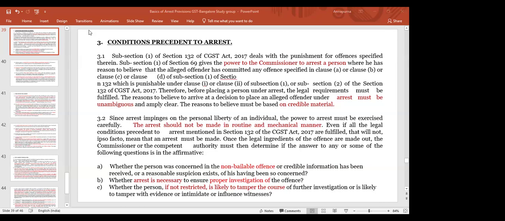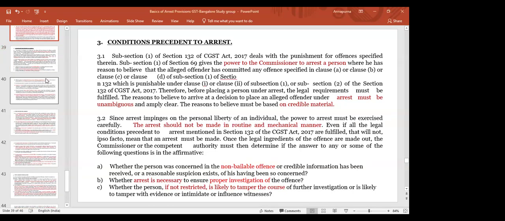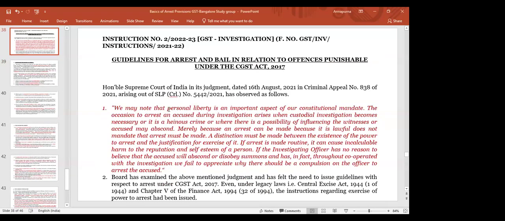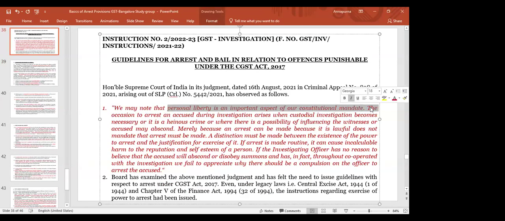Yes, sir, that was a question. And once it is granted, then we'll have to prove a lot of things, right? Anticipatory bail, because the whole idea is that personal liberty should not be lightly deprived. Person first has to prove that there is a very real possibility that he may be arrested.